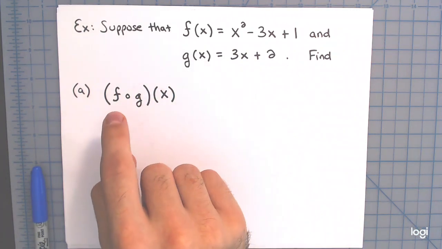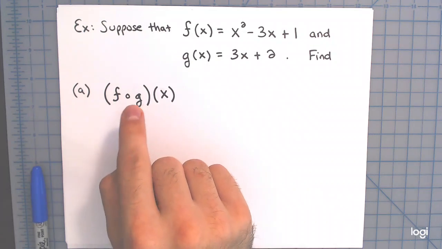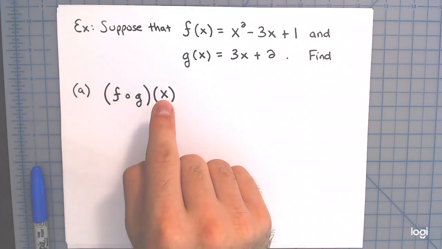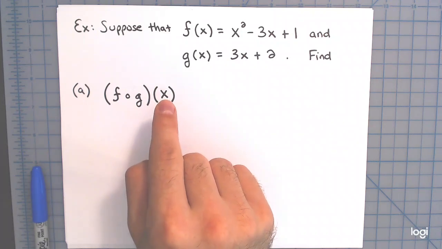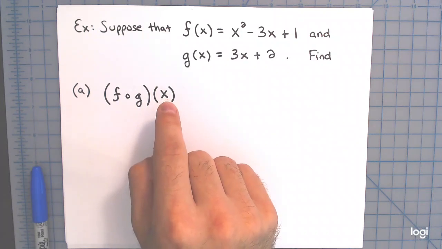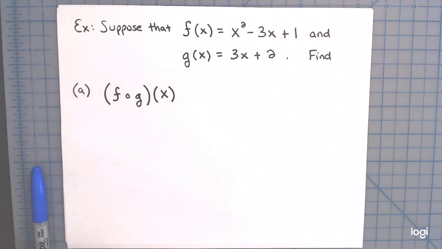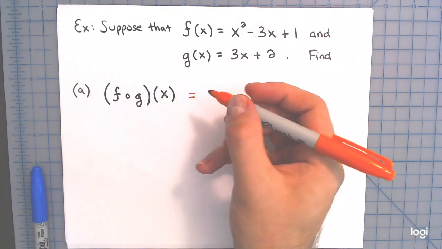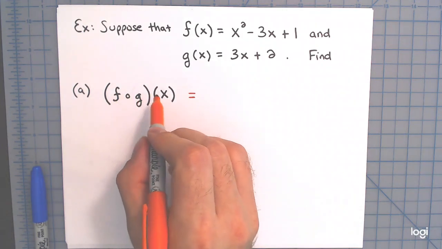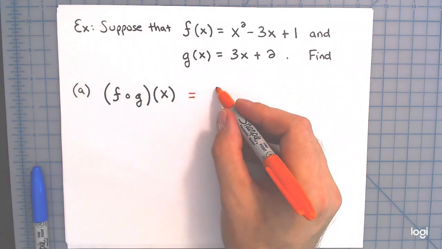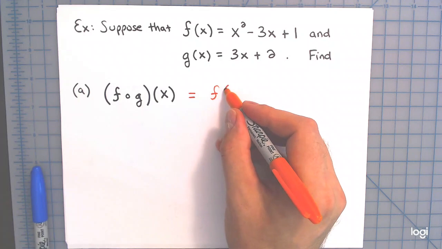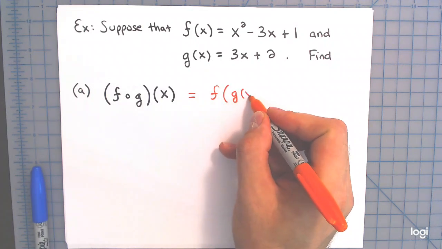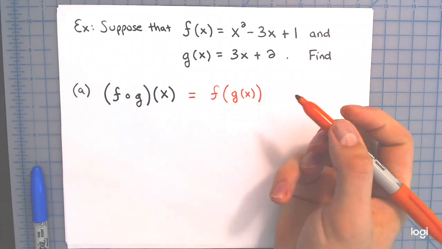So what's this composite function f composed with g at just the input x? x just represents any old number. All right. So I do the same stuff I did before. I'm going to rewrite it in that other way it can look. f composed with g at x is equivalent to saying f of g of x, like this.